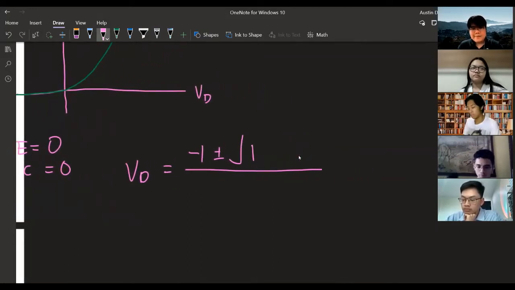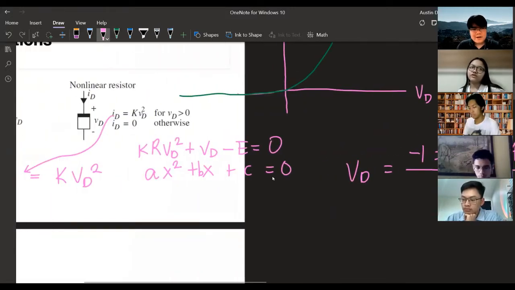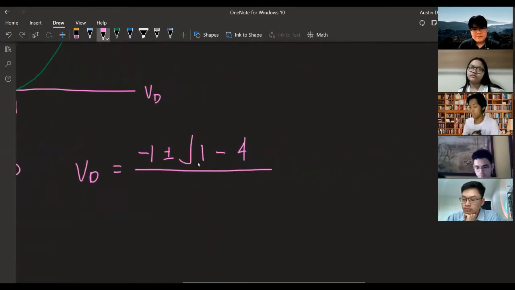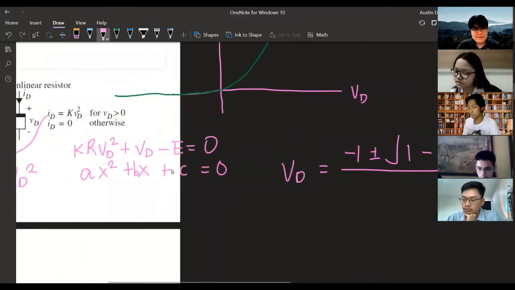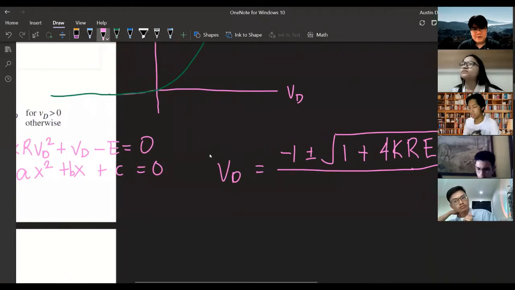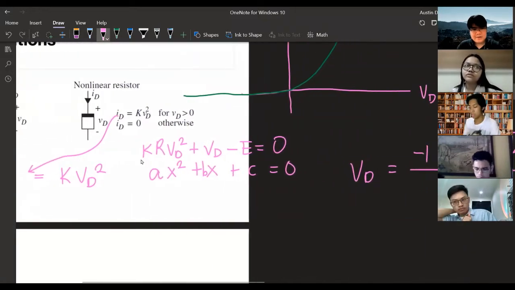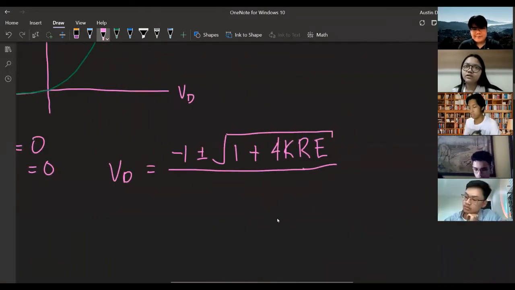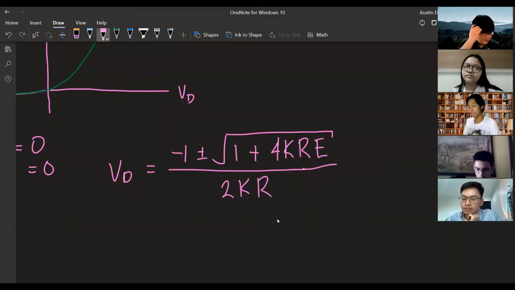And then minus 4. Ano yung A natin? KR. And then C would be negative E. So this becomes positive. And then all over 2A. 2A is just 2KR. Okay. Brute force, di ba?